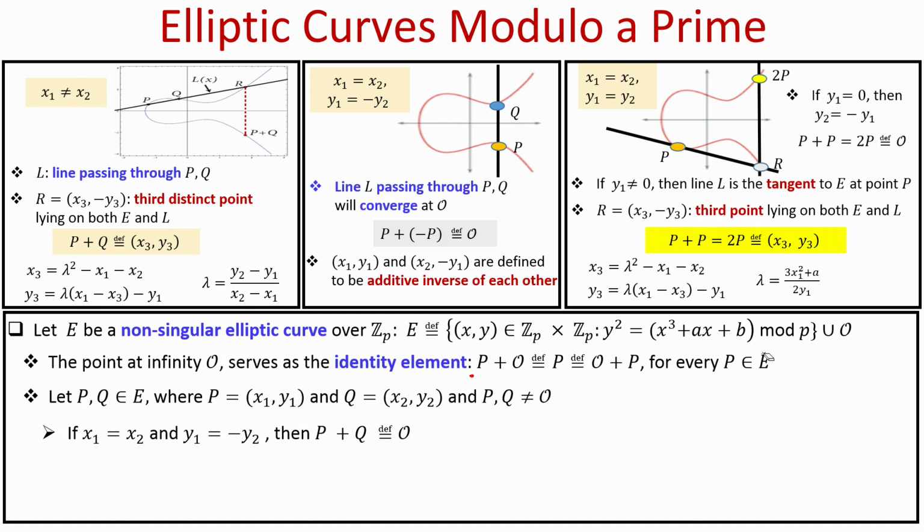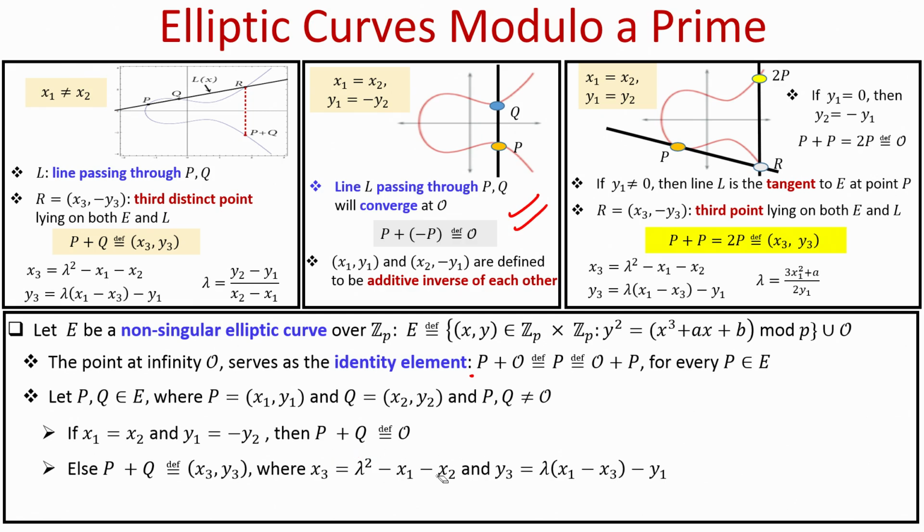For the case where x1 is equal to x2 and y1 is equal to minus y2, we define P plus Q to be infinity. This is the same as case 2 for the elliptic curves over the real numbers.